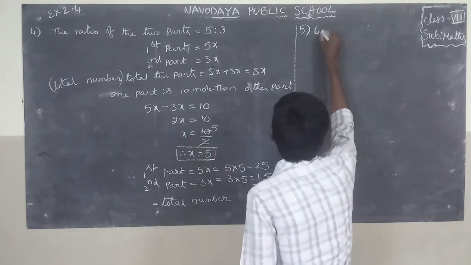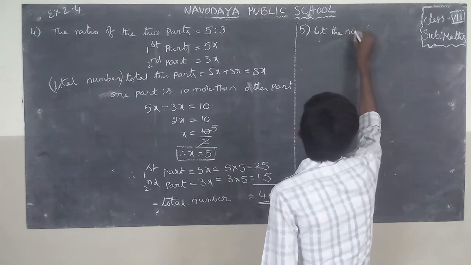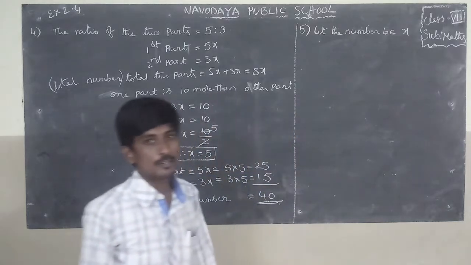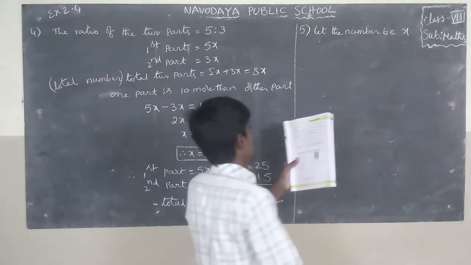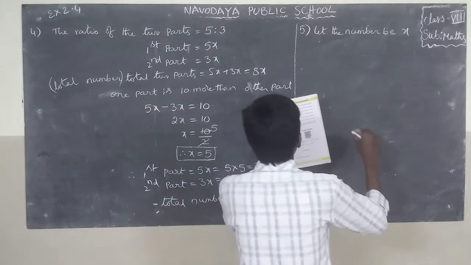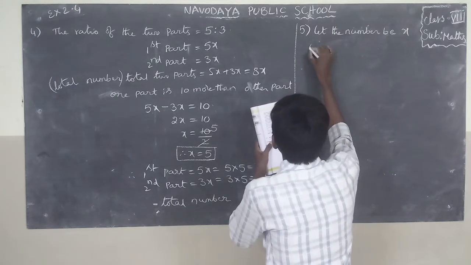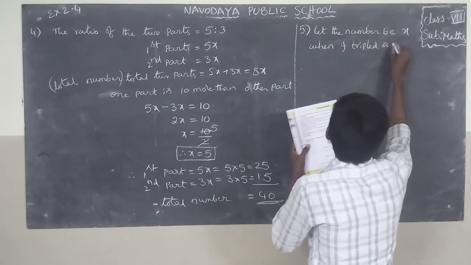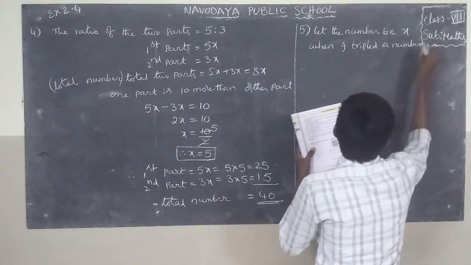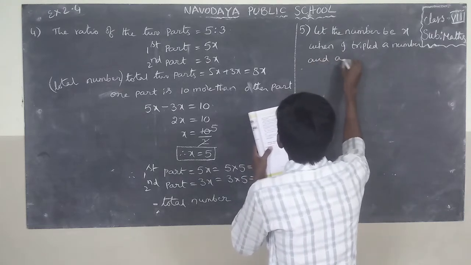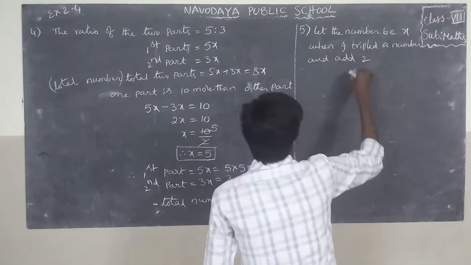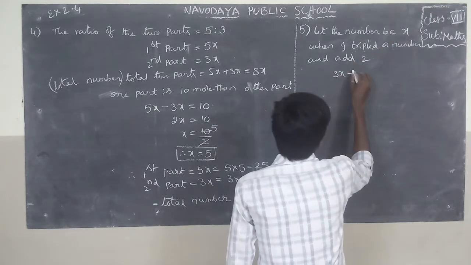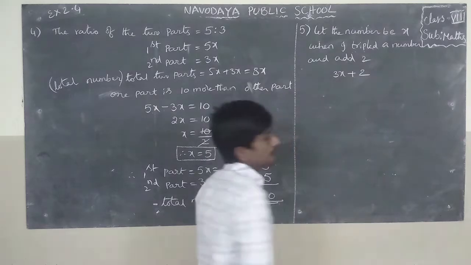Look at the board. We don't know the number, so let the number be x. Our first condition is when I triple a number and add 2. Tripled means 3 times, 3 into x, 3x, and add 2. So this is the first condition.